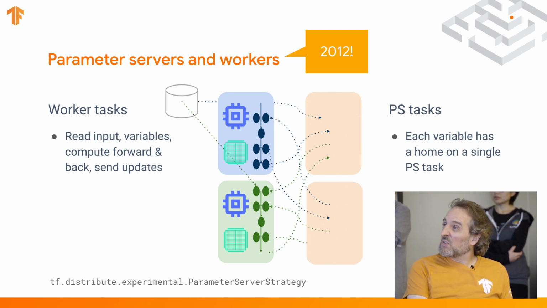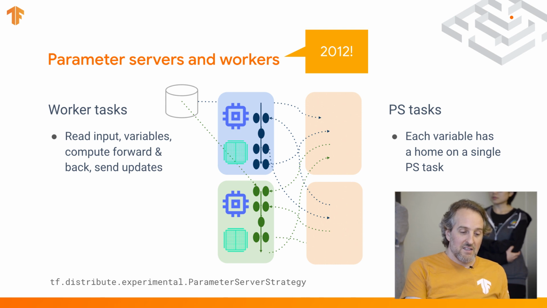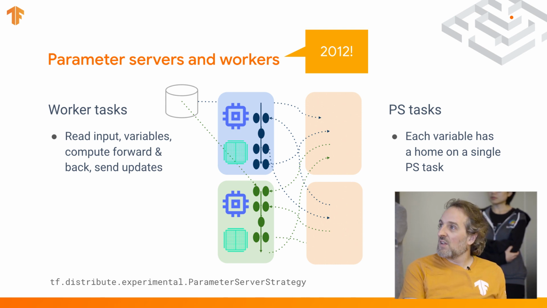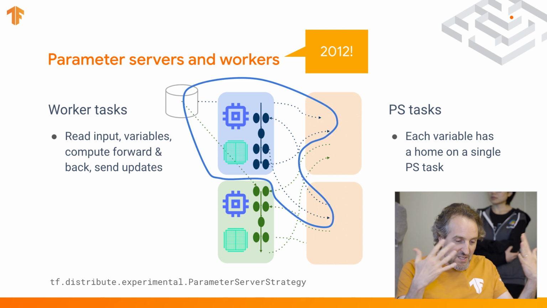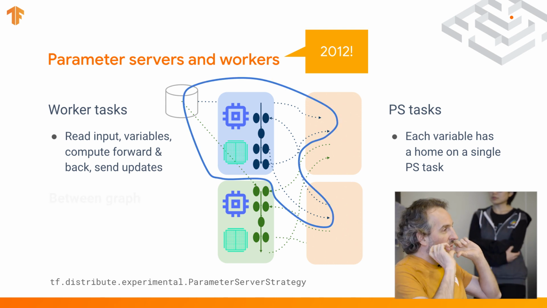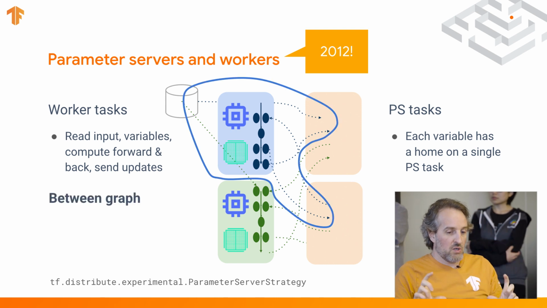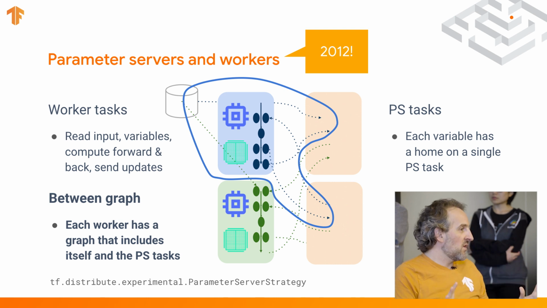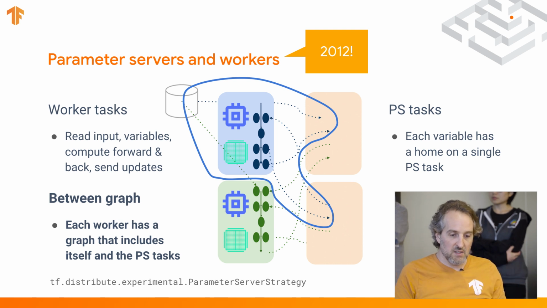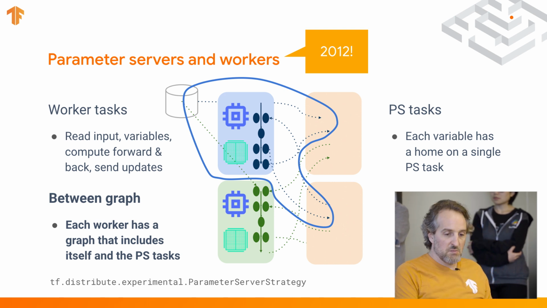We call this a between-graph strategy, which is a term from TensorFlow 1, where we talk a lot more about graphs. In TensorFlow 2 land, we don't really have a better term for this, but it's just that each worker is going to be running its own main function that's going to operate independently and schedule operations on itself and the parameter server tasks that it's communicating with.